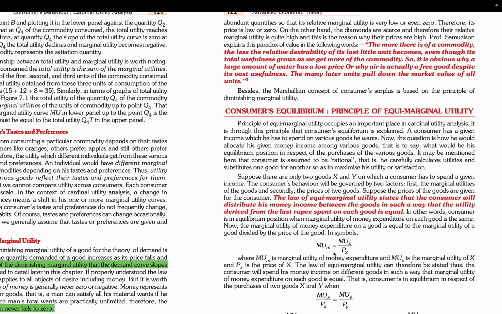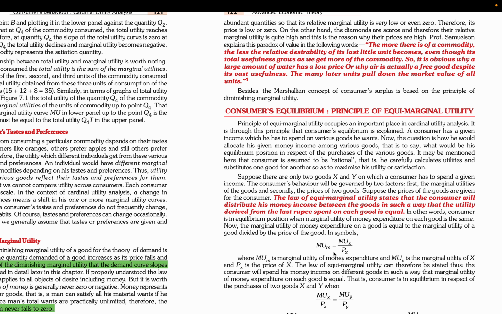Therefore, its price is low as well. On the other hand, diamonds are scarce, and therefore their relative marginal utility is quite high, and that's the reason why their prices are high.